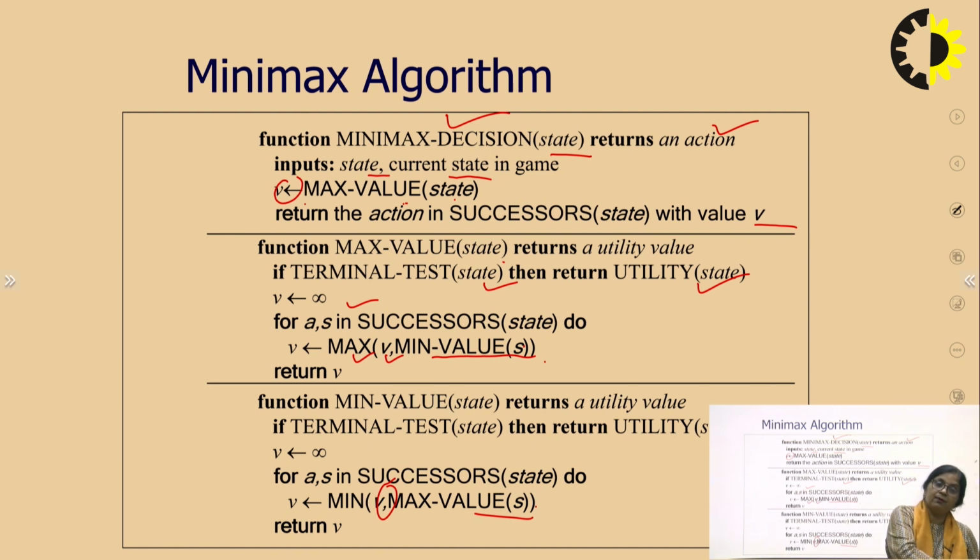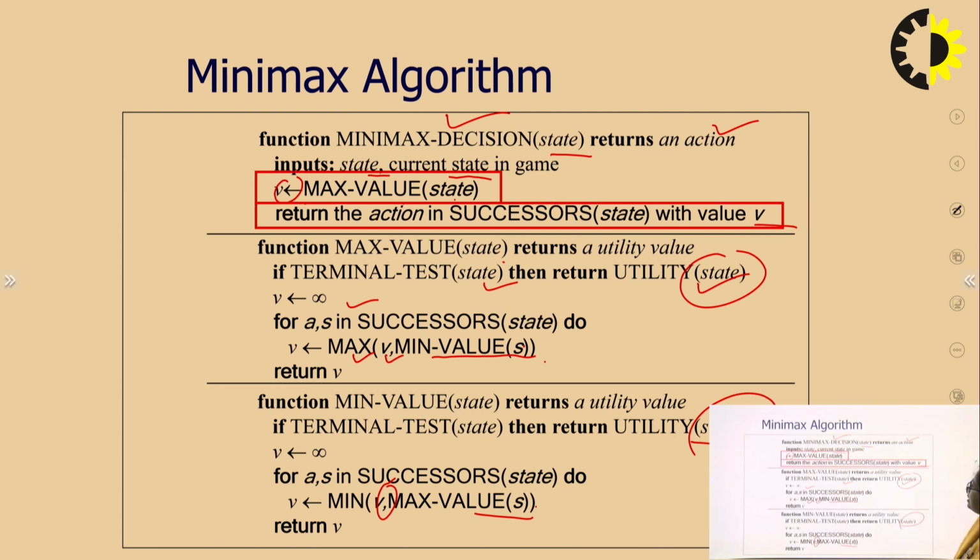What is below max, that is min. So min will take the minimum value from the calculated values of max, and max will take the maximum values from the calculated minimum values of min. So this way the process will go on until we get the utilities of the states. So this way the algorithm works.